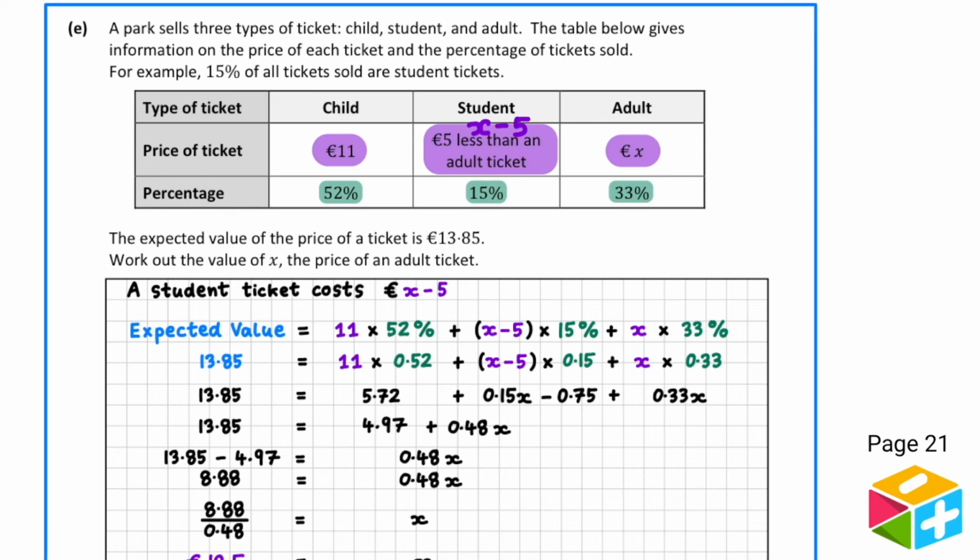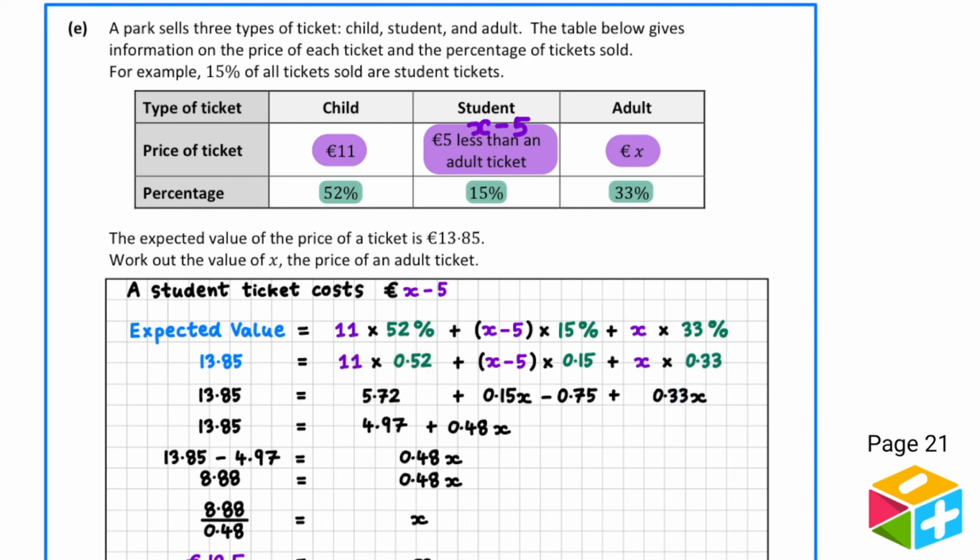Using our calculator, 11 times 0.52 is 5.72. Multiplying out our brackets, x times 0.15 is 0.15x, and minus 5 times 0.15 comes out as minus 0.75. X times 0.33 can be rewritten as 0.33x.